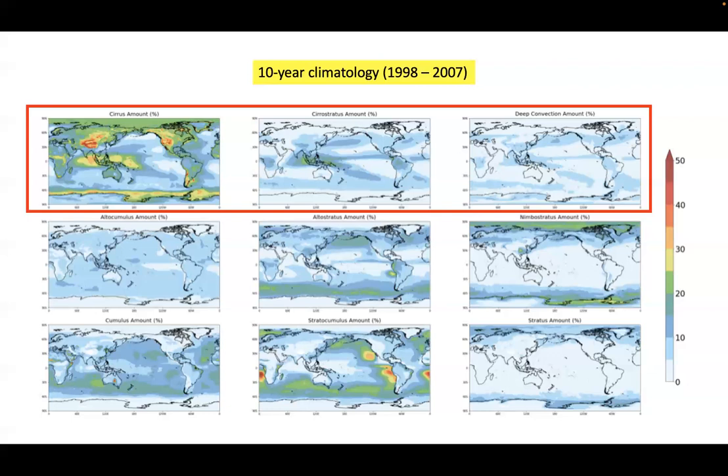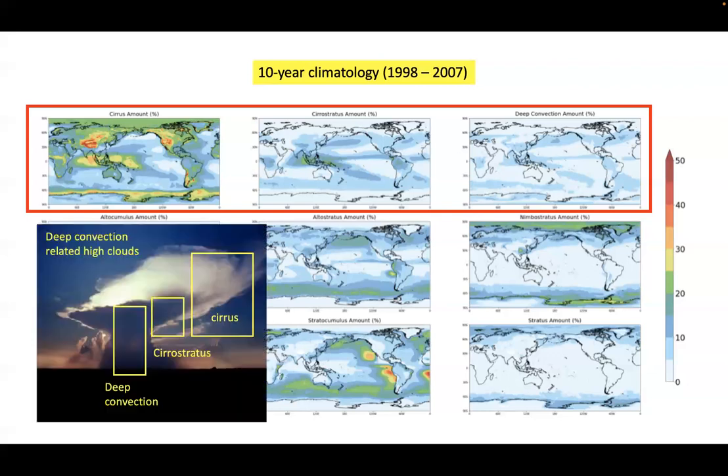The reason for this is, if you think about clouds, a thunderstorm, here I'm showing one against the sunset, and put this in the context of the cloud classification retrieval. Deep convection is the trunk part, the thickest part, where optical thickness is the highest.